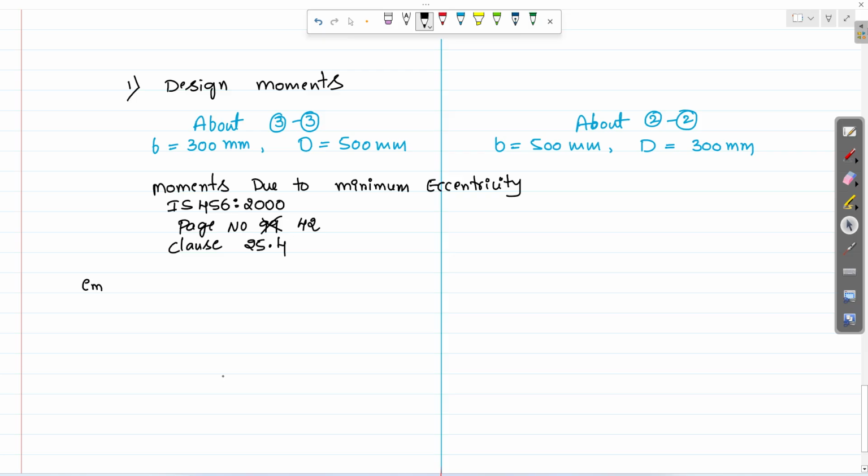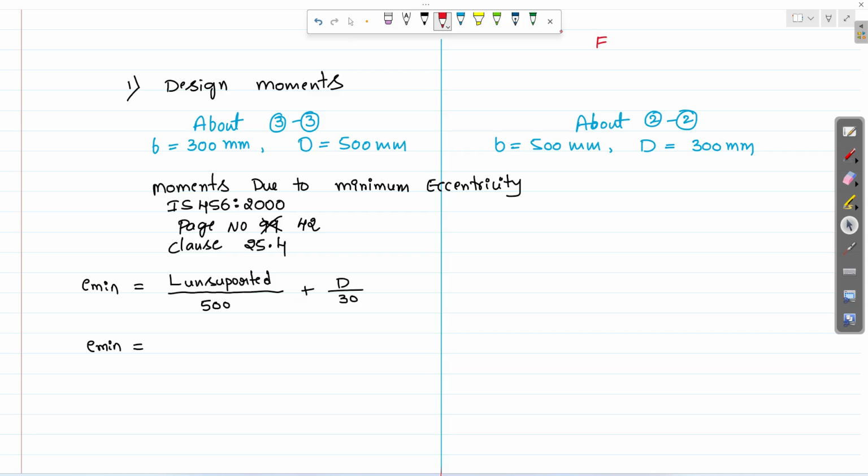So minimum eccentricity E minimum equals L unsupported divided by 500 plus D by 30.